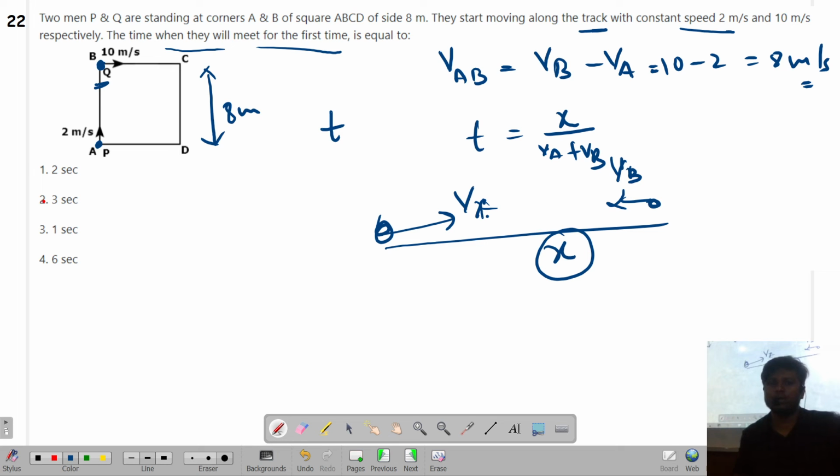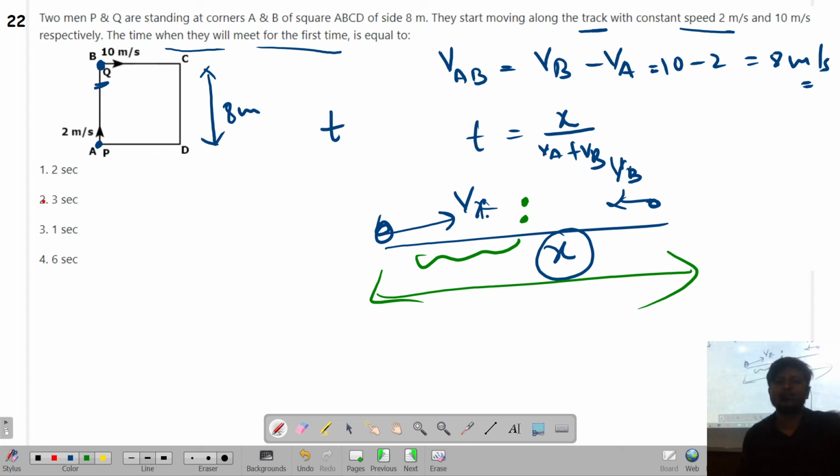When they cross each other, this time is less than the total time of traveling, yes or no? So when they are going to meet the first time, what will be the answer for it?